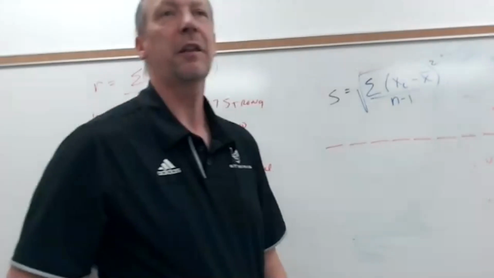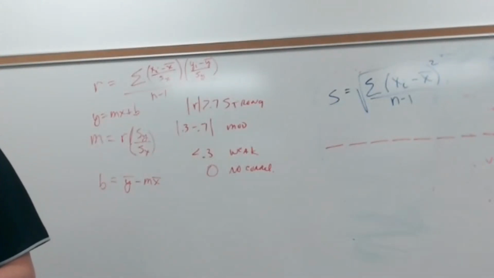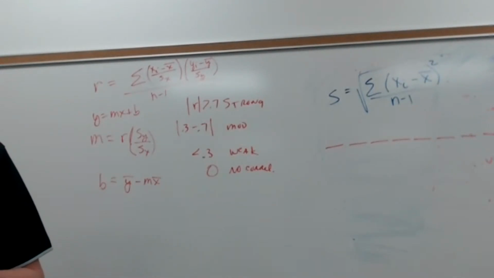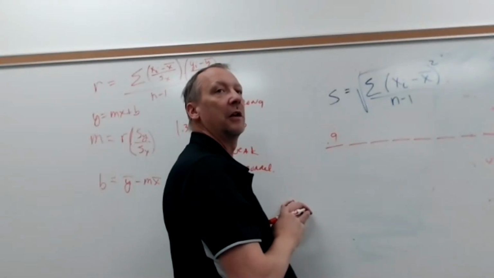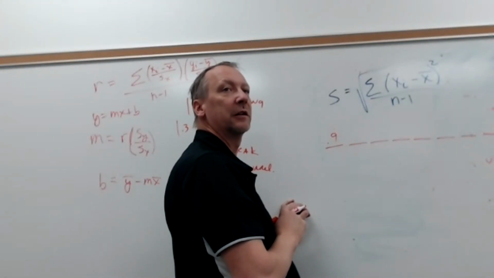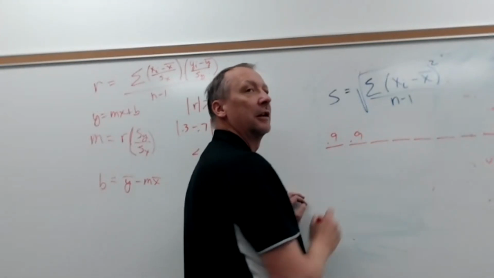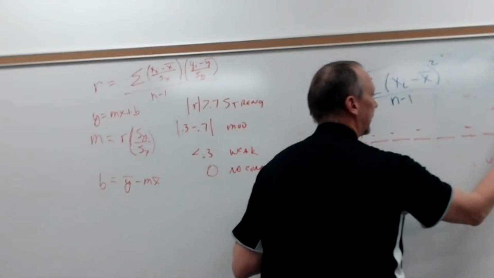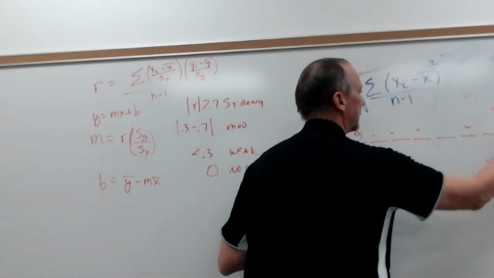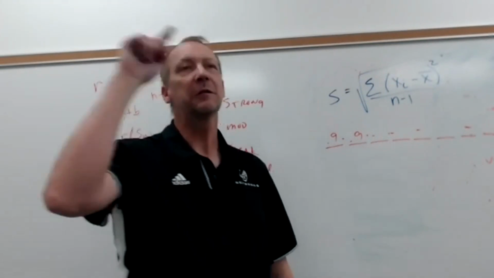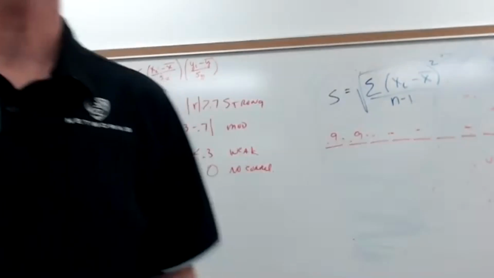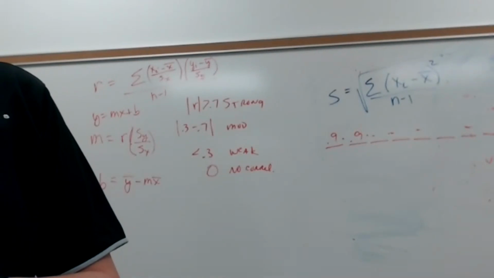What's the probability that the first person wants to abolish the exams? 0.9, right? What's the probability of the second person? Also 0.9, etc. All the way to in here. So I'm going to have 10 of those, right? So I'm just going to multiply those all together. So 0.9 times 0.9, I'm going to do it 10 times. So that's why it's raised to the 10th power. Okay, does that make sense?